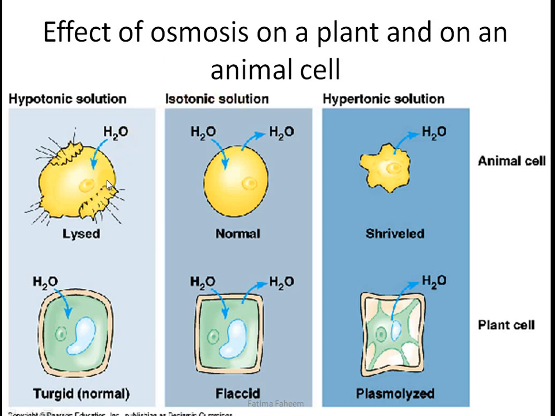On the other hand, here I have taken an animal cell and placed it in hypotonic solution. Hypo means low, tonic means solute concentration. So the solution in which this animal cell is placed has low solute and more solvent. Here we are considering water as the solvent.